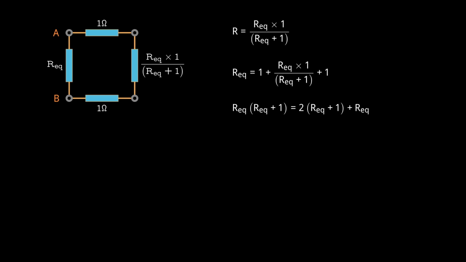By simplifying the equation step by step, we can derive the final expression for the equivalent resistance of the circuit.